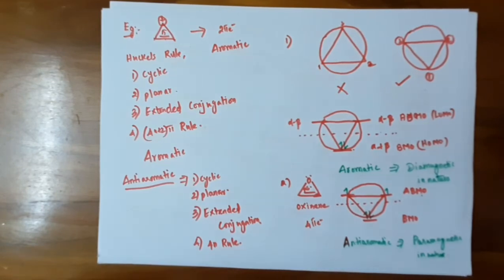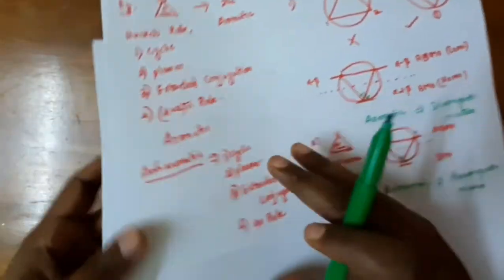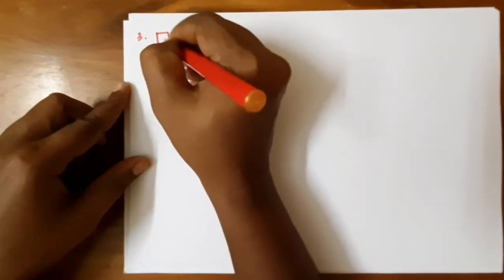So from the Frost circle, we conclude that aromatic compounds are diamagnetic in nature, and anti-aromatic compounds are paramagnetic in nature. Let's see the rest of the examples. The third example, take the 4-member ring, that is cyclobutadiene.